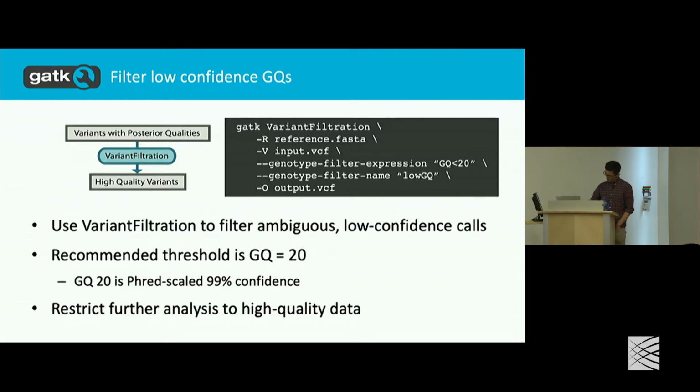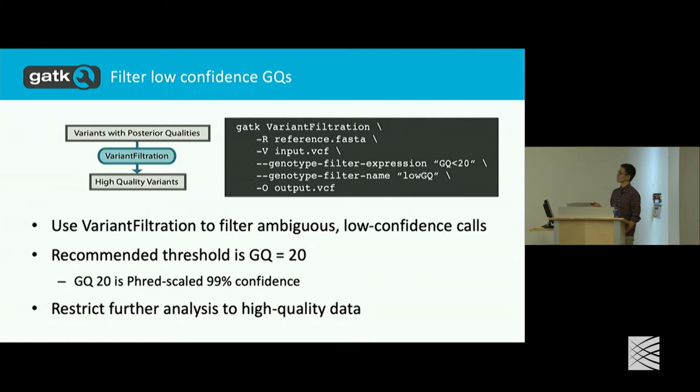And once we applied both the family prior and the population prior, we get the updated posterior probabilities of each genotype. And now that we have these updated genotypes, we might want to filter some of them that turned out to be low quality, and this is how you do it. The GATK tool is called VariantFiltration.